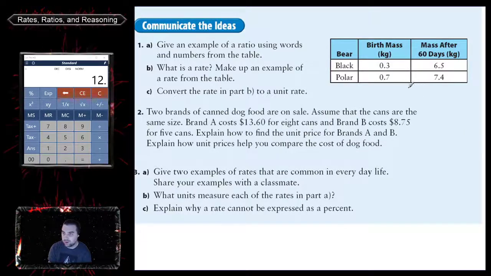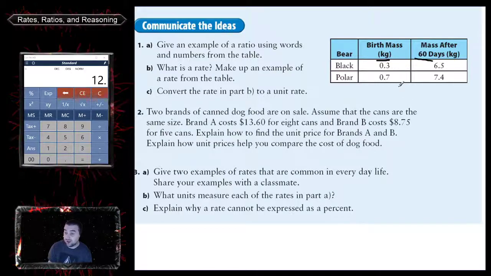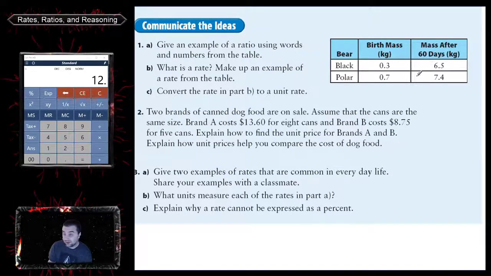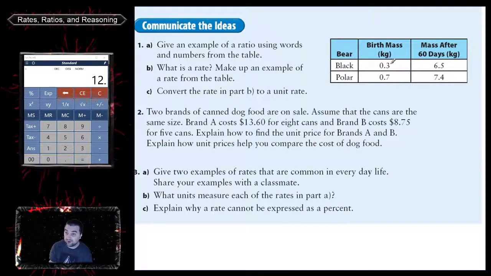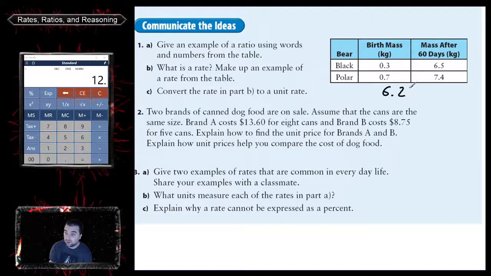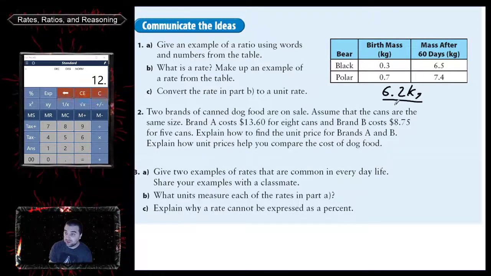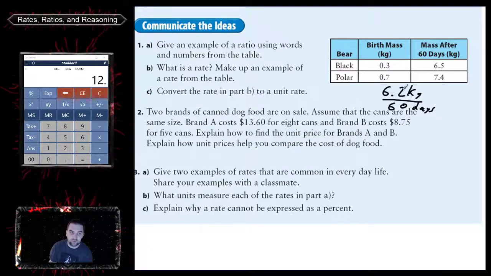That's probably a good one. So we know 60 days and we know kilograms. Yeah, we could just do that. So I would do 6.5 minus 0.3, so that's 6.2 kilograms in 60 days. And I could solve it for a unit rate, and that's what I'm going to do in part C.